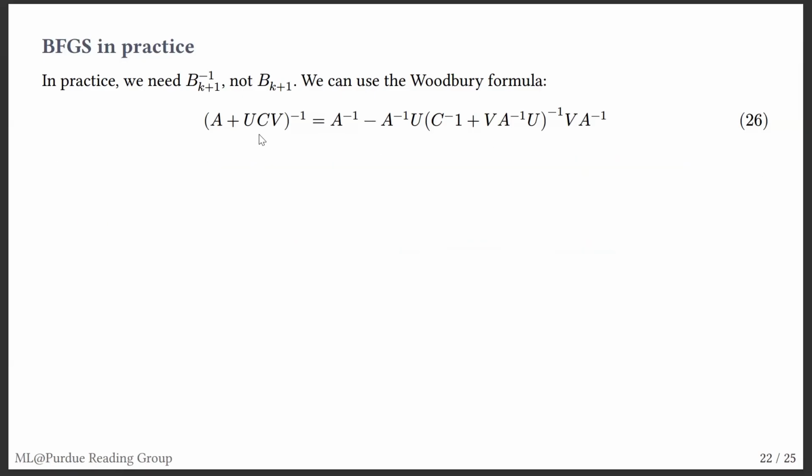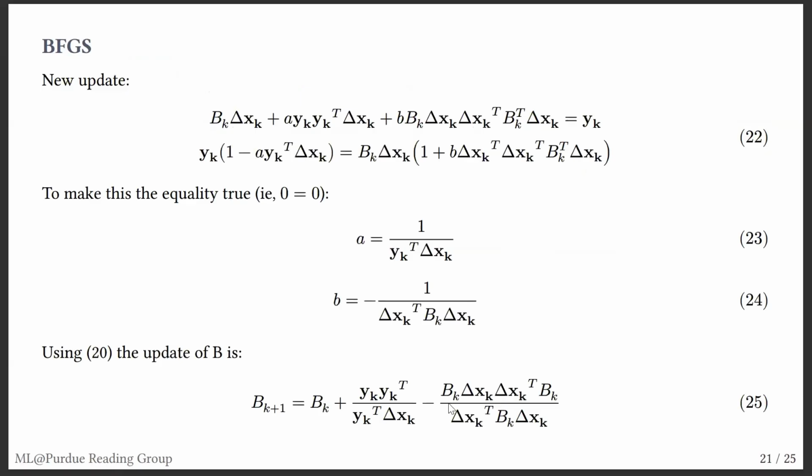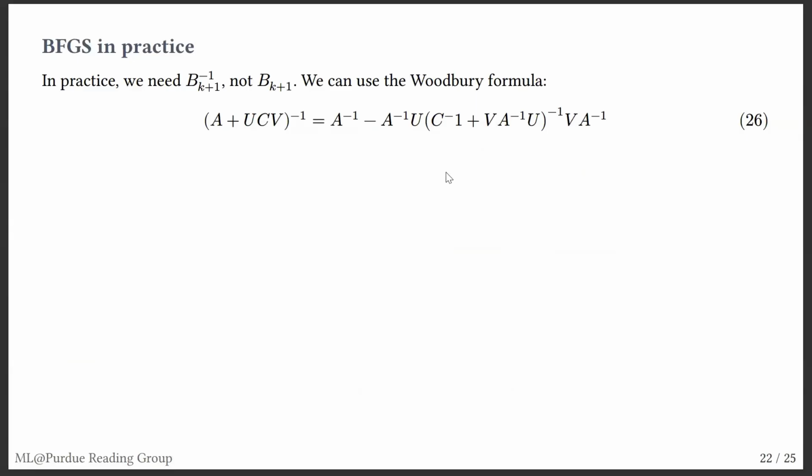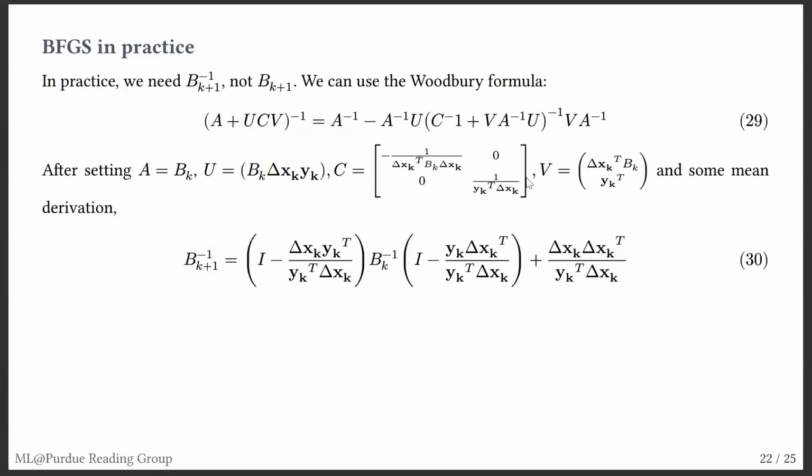This comes directly from moving this term before and then separating it into those three new terms. That's why I'm not going too much into depth. I'm just letting you know we can convert the regular BFGS formula into a format that works with Woodbury.